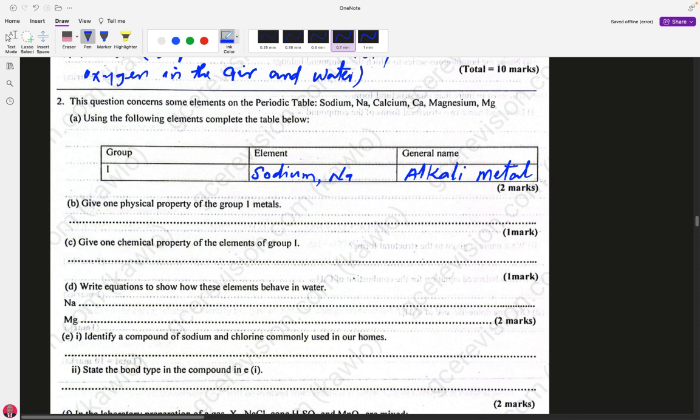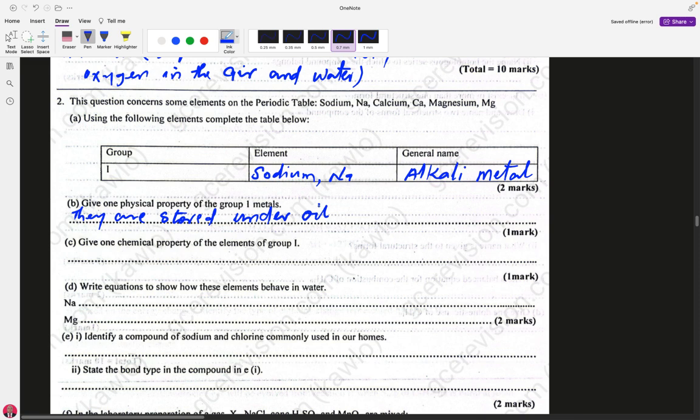One of the properties of group 1 metals is that they are stored under oil. We just gave it up there. Another one, if you don't know that one, you can still give another one.